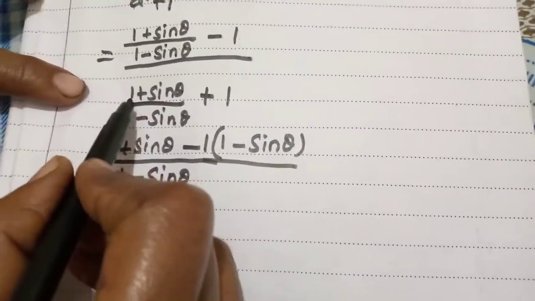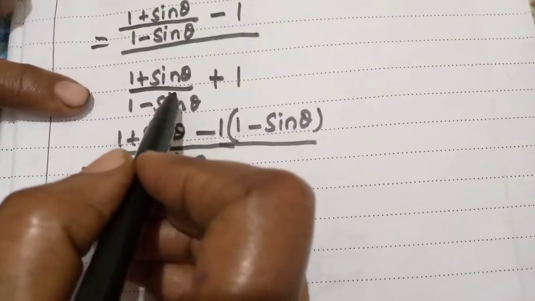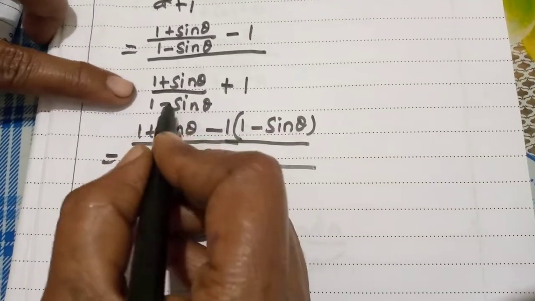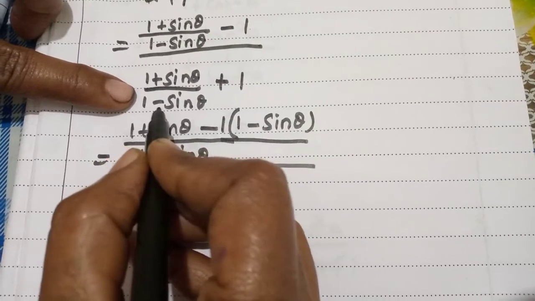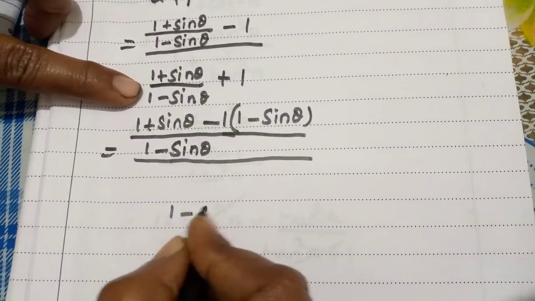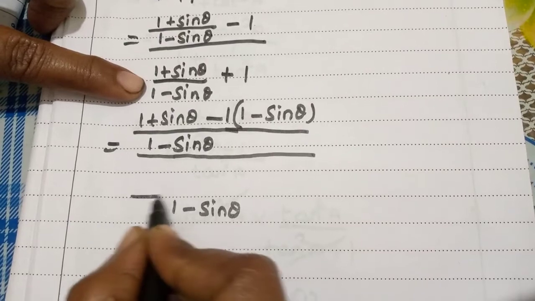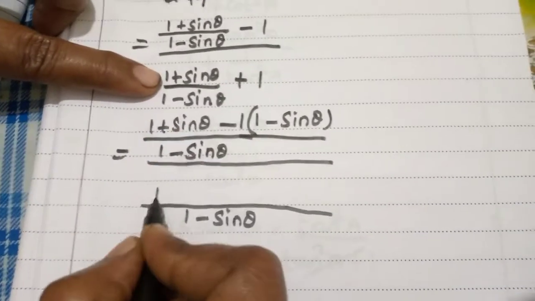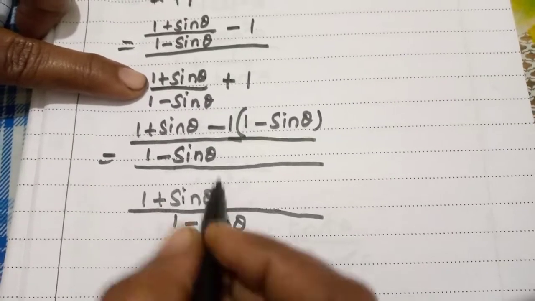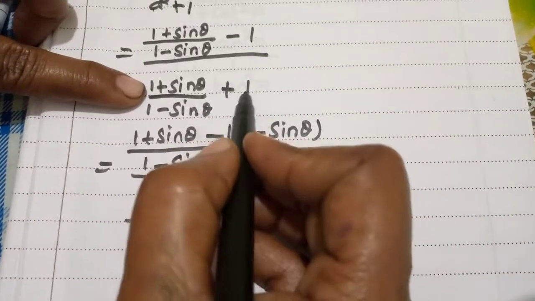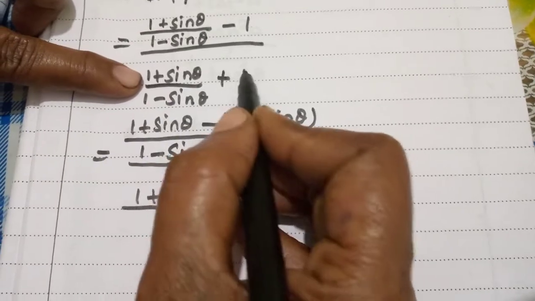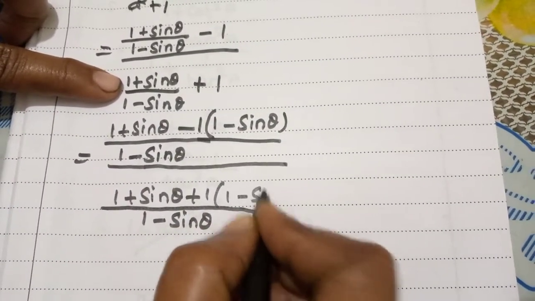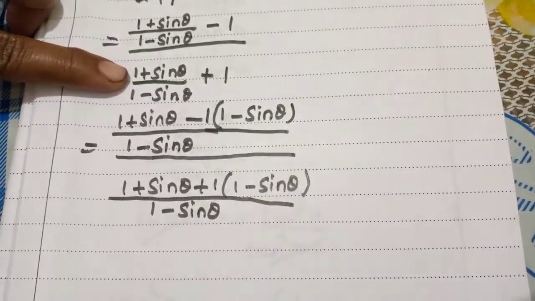The same way we have to do the denominator terms. That is divided by, here also the LCM is 1 minus sin theta, down we have to write. So numerator, first term 1 plus sin theta, plus 1 into this LCM term, 1 into 1 minus sin theta. Close the bracket.